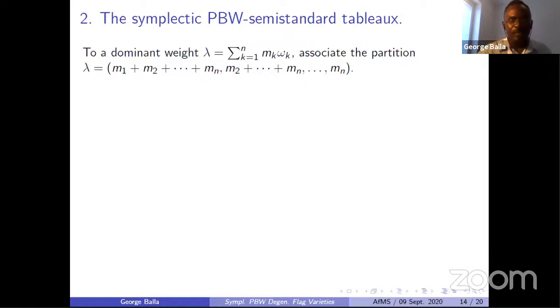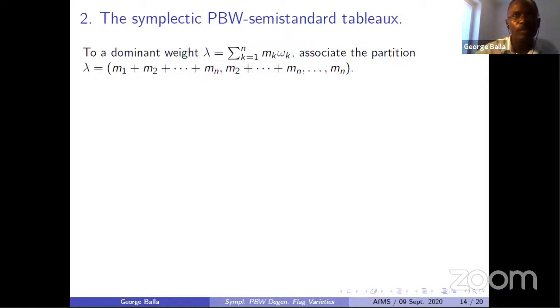When you look at the representation theory side, it is natural to associate a partition to a dominant weight in this way, by adding all multiplicities from 1 to n. The first entry is that sum, the next one will be m_2 plus up to m_n, and so on up to m_n.